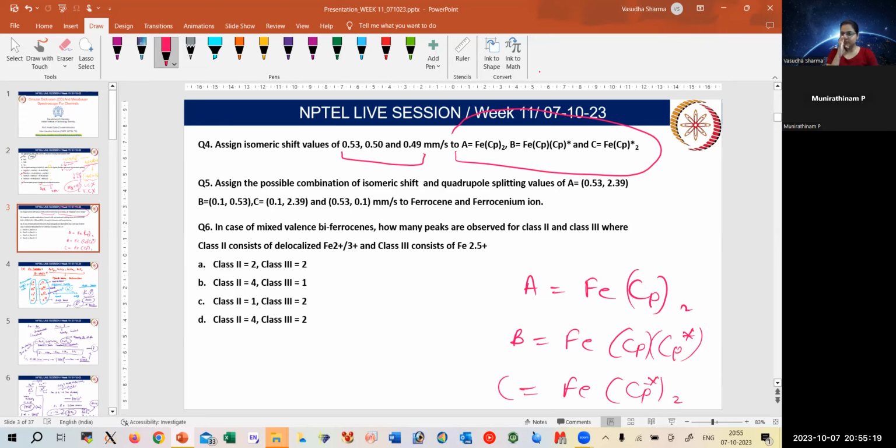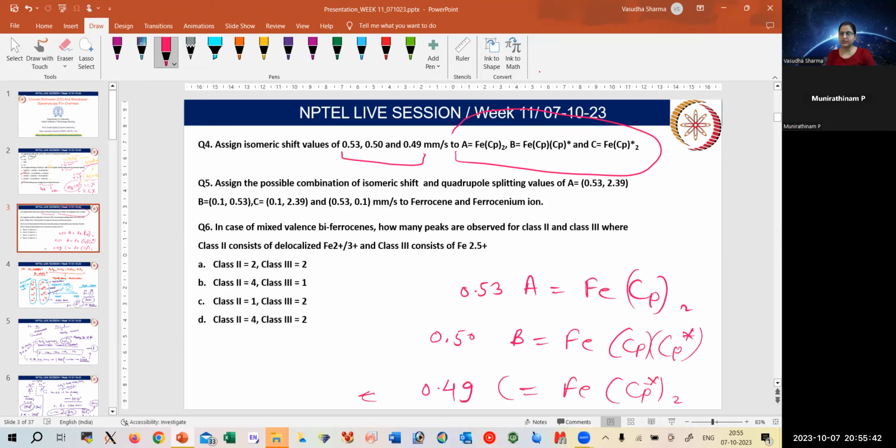So which one is having which value? 0.53 for A complex, 0.50 for B complex, and 0.49 for C complex.